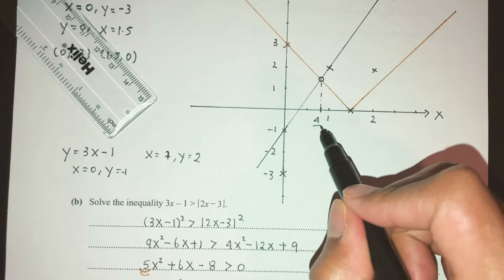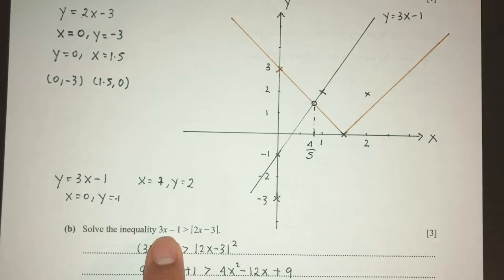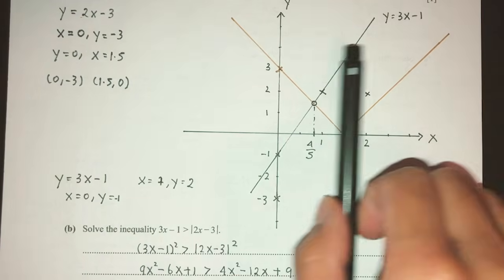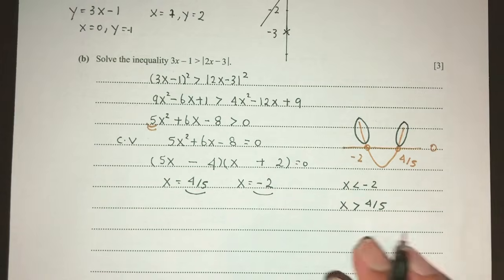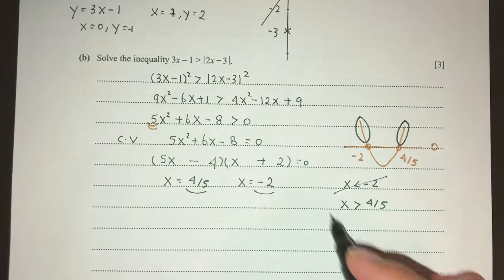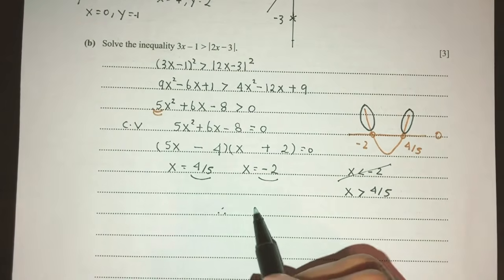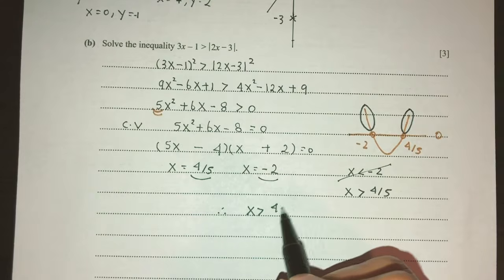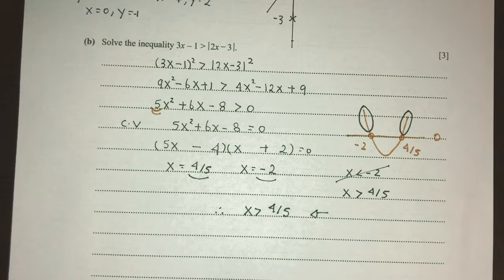Okay. So in that case, you can see the condition. This line is more than the modulus only after this point. So in that case, you will just choose this value as your answer based on your graph. Okay, so that will be x is more than 4 over 5. That will be your answer for your question number 3.